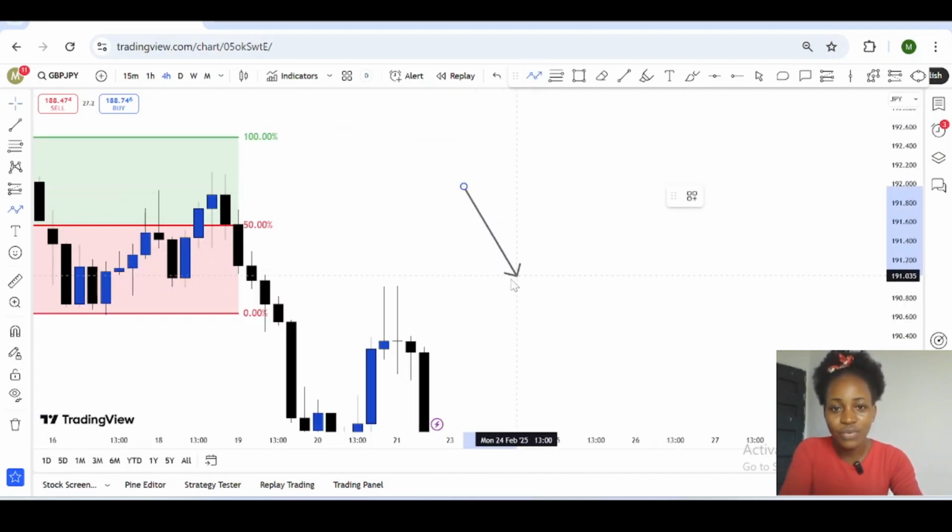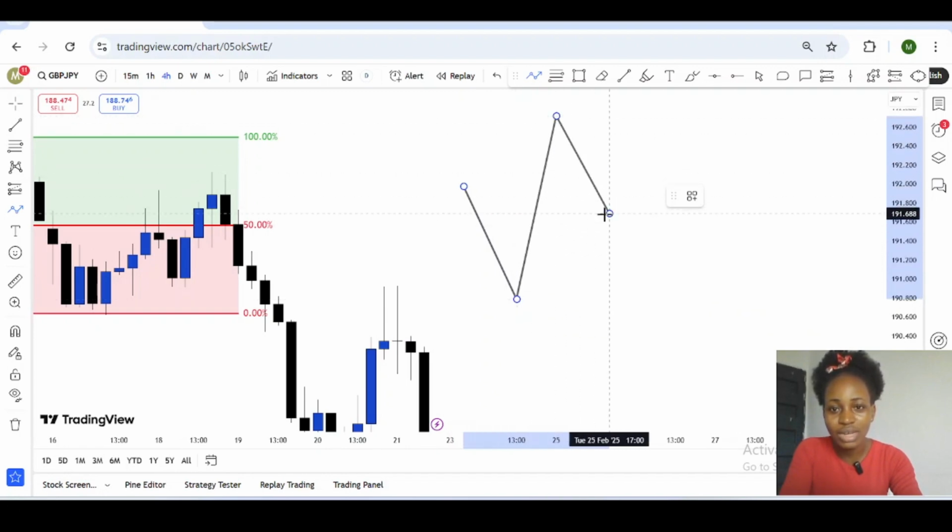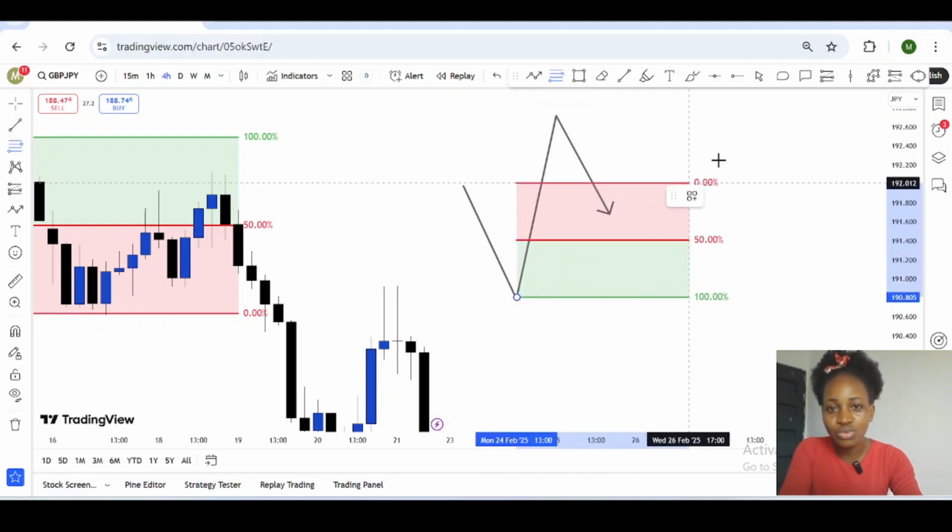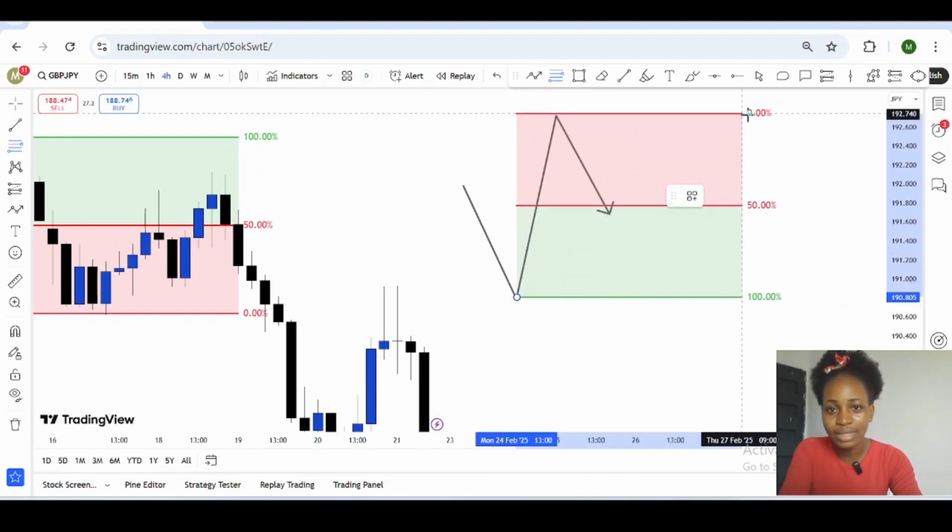If you are having swing highs and swing lows like this, and you are using your fib, what you are going to do is place it from the down part like this to this upper part like this.